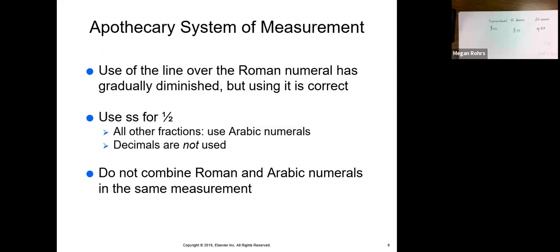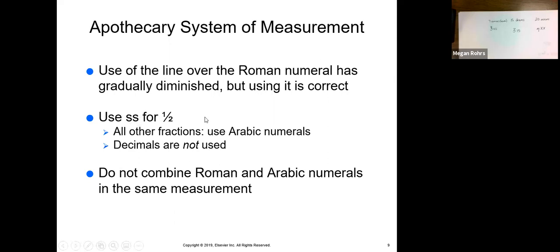Also, if we ever have a number less than 1, we're going to be using fractions. We're not going to be using decimals. And if we have a fraction that is 1/2, we can use that Roman numeral for 1/2, which is usually SS. Usually it has a line over that as well.